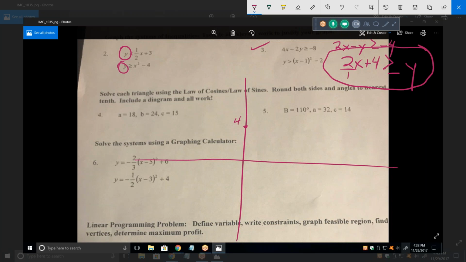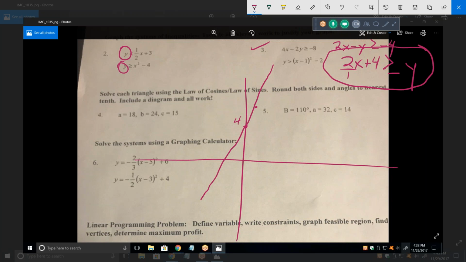Okay, so up 2 over 1, and go right. Dotted line or solid line? Solid. Above or below? It'd be below. That's pretty good.